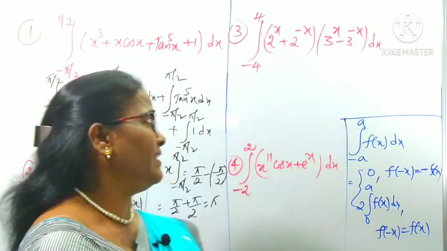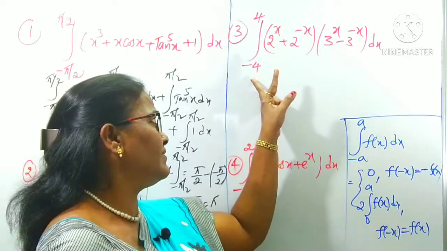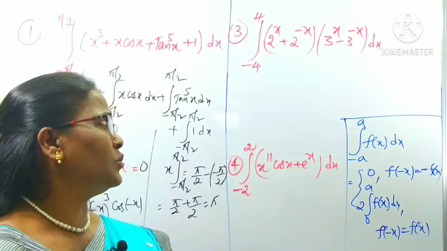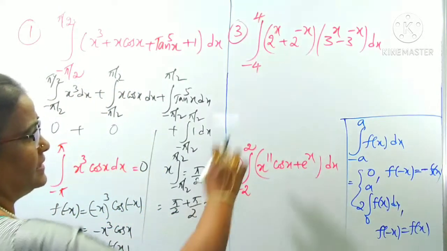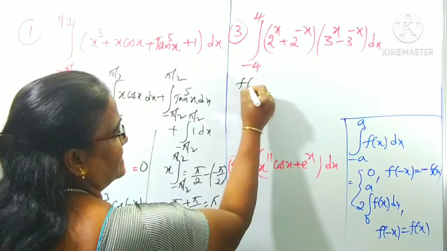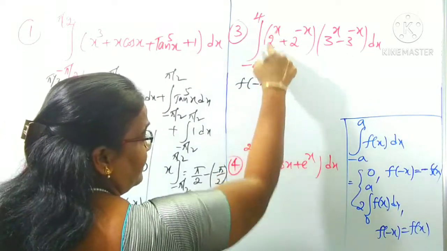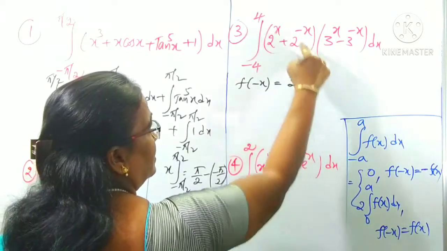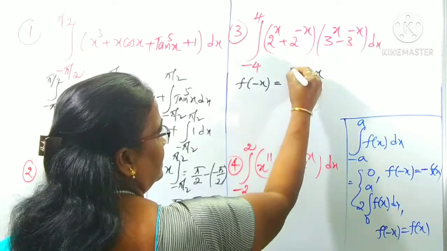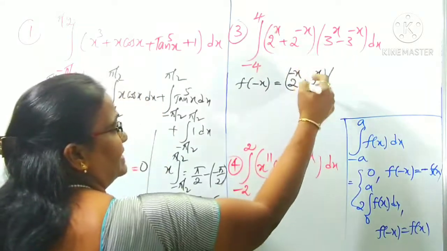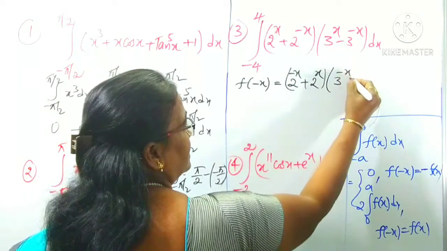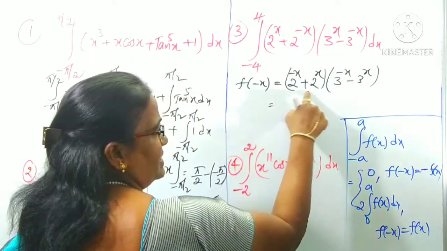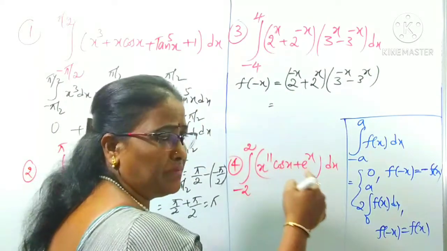Now we come to question number 3. In the same way, here also the limits are from minus a to a, like minus 4 to plus 4. f of x is the product of 2 power x plus 2 power minus x, and a second bracket with 3 power x and 3 power minus x. Here also you can check it. This is f of x. That is f of minus x. In place of x, take minus x. In the first bracket, 2 power minus x plus 2 power minus of minus x, which is plus x. Now in the second bracket, 3 power minus x minus 3 power minus of minus x, which is plus x. The first is in the form a plus b. A plus b we can take as b plus a, no problem.